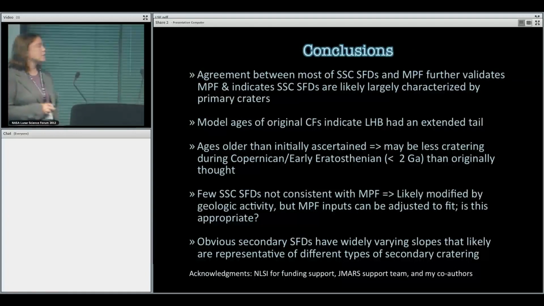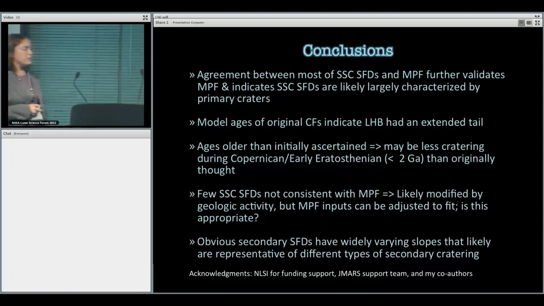So conclusions are that we do find agreement between most of our SFDs and the MPF, the model production function, and this further validates that production function, and that our crater distributions are largely characterized by primary craters. Model ages may indicate that the LHB had an extended tail. Ages are older than initially ascertained, and this may be due to less cratering during the Copernican and early Eratosthenian than originally thought.